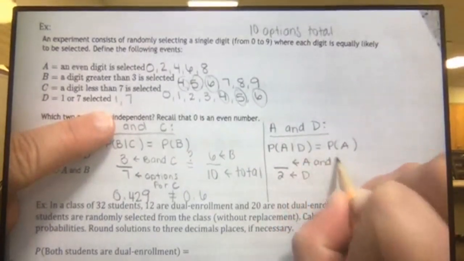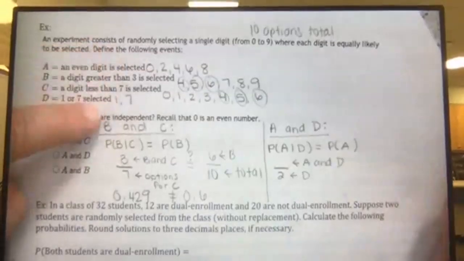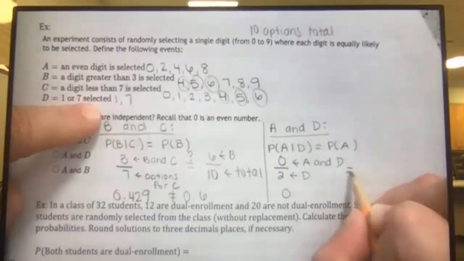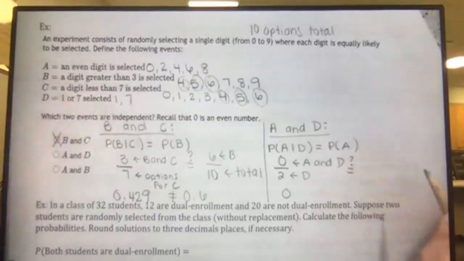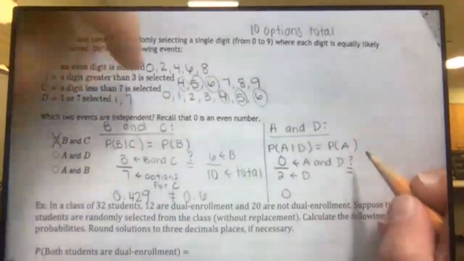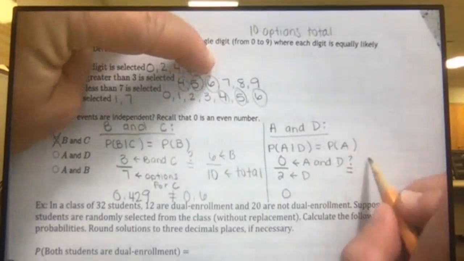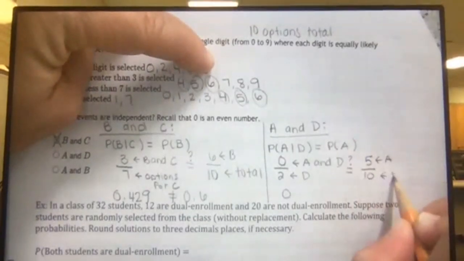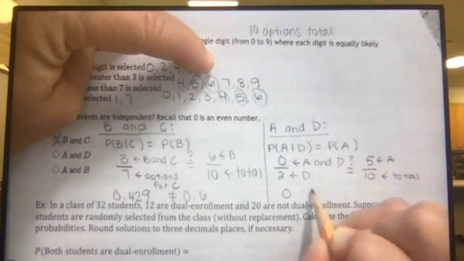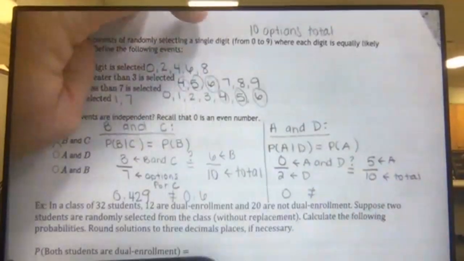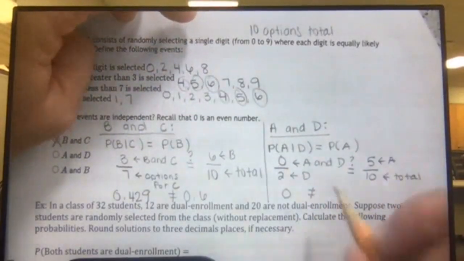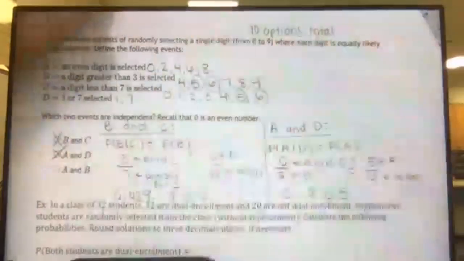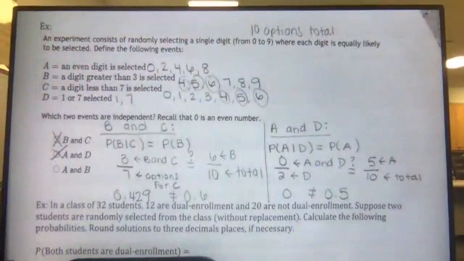How many are in common for A and D? 0. So 0 divided by 2 is just 0. And is that the same thing as just A? Well, A has 1, 2, 3, 4, 5 options out of 10 total. So 5 out of 10 would give us 0.5. So 0 does not equal 0.5. So A and D are dependent. They are not independent.